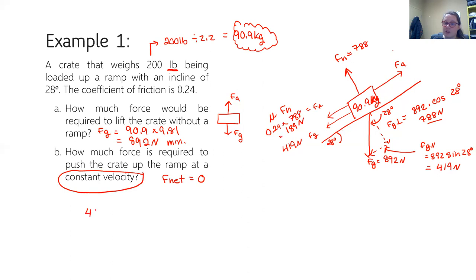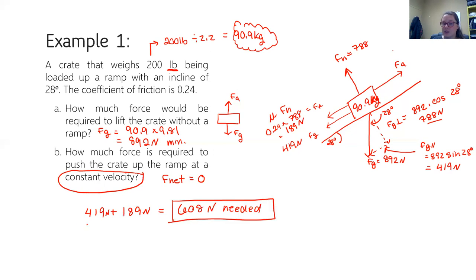Well, I have 419 newtons due to gravity plus 189 newtons due to friction gives us 608 newtons. So this is your force of gravity parallel and the force of friction.